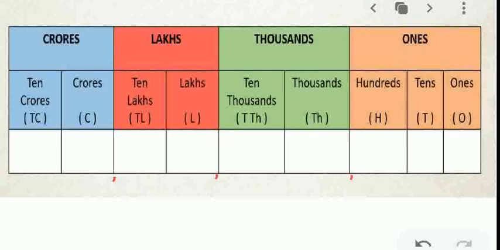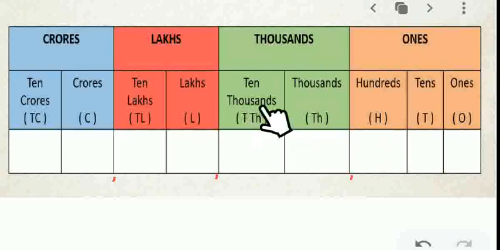Here in the given figure, those 4 periods are separated in different colors. That means this is the ones period, first period, second period, third period and fourth period. The first period, the ones period, has 3 places: ones, tens, hundreds. The second period is the thousands period.